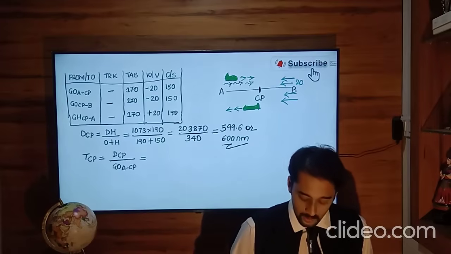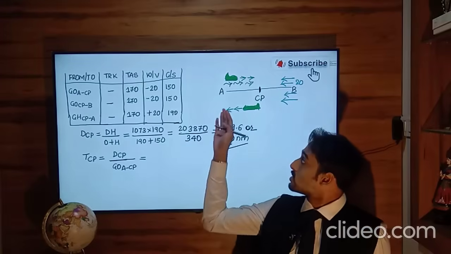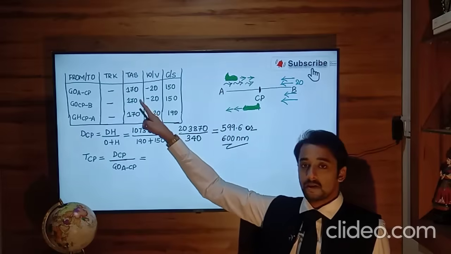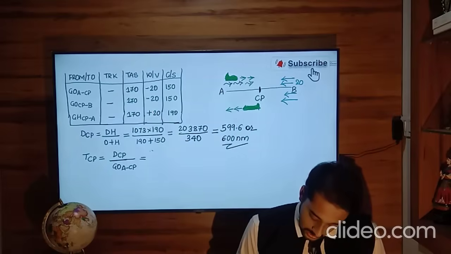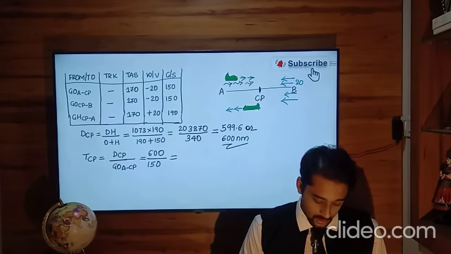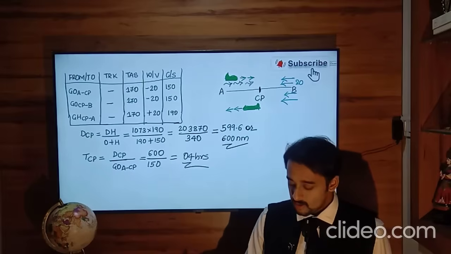You are going outbound, right? We are calculating time towards CP, and you are going towards CP only in one case, A to CP. So 600 divided by 150 is 4 hours. So simple.